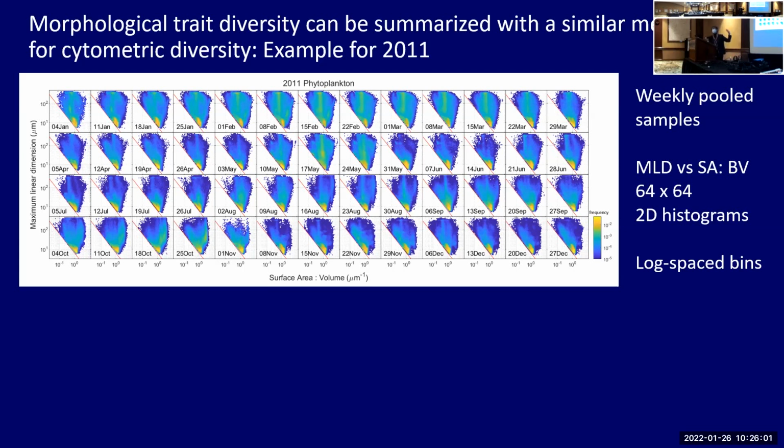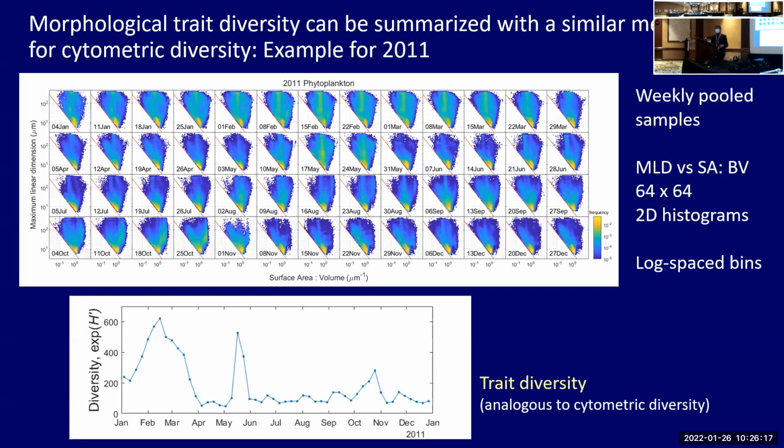But I'm just going to simplify and look at the Lewis two-dimensional framework because I think it captures a lot of the important variability. So we can use the same kind of cytometric approach, only using these morphological characters from the images. And for this year, where we have 2D histograms for each week, I can then compute a diversity metric with weekly resolution for that particular year.